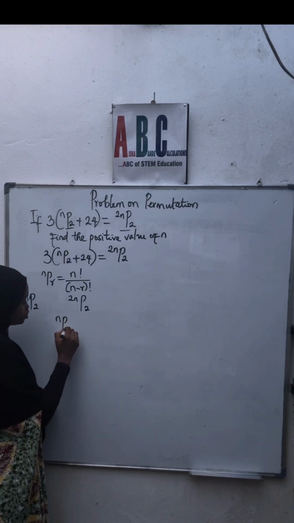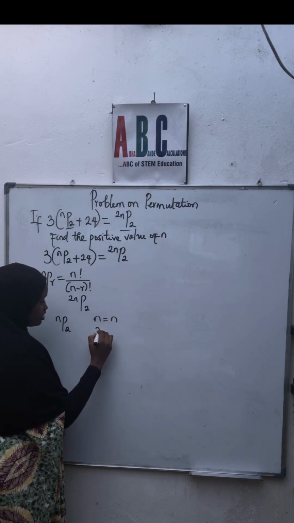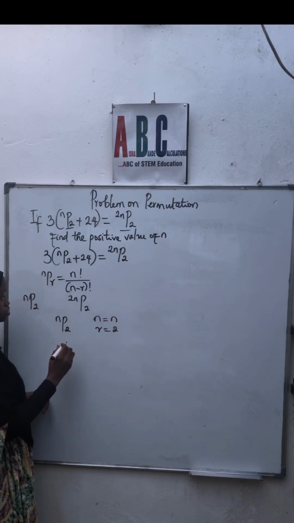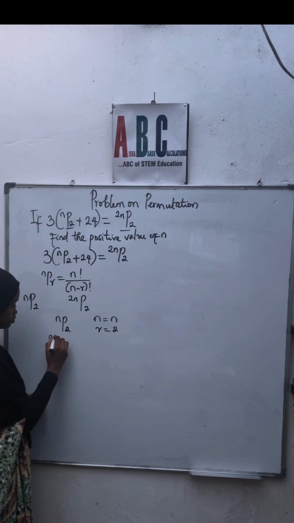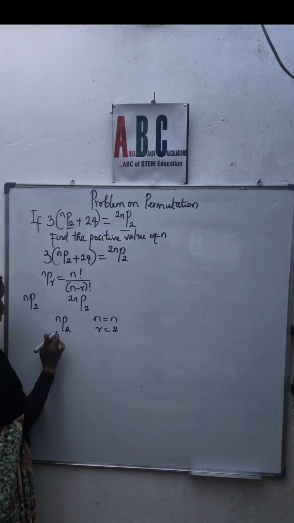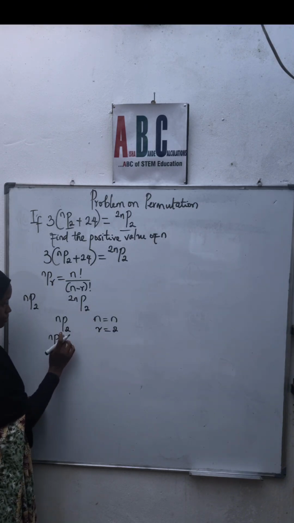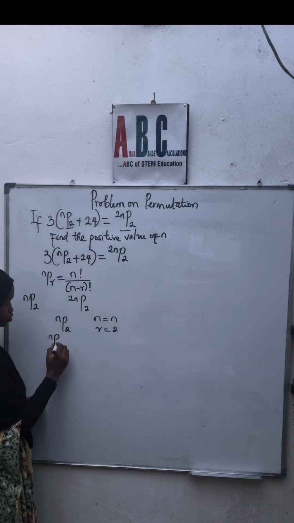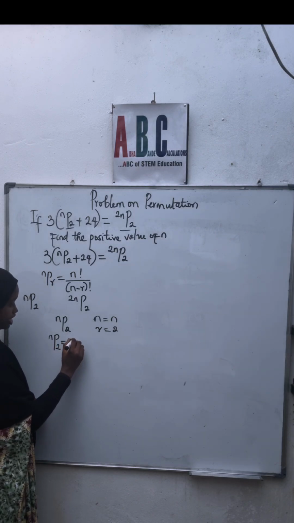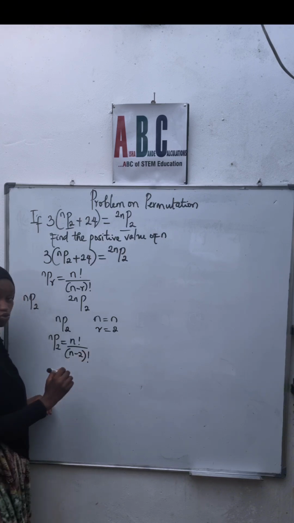For nP2, in this case, the value of n is still n, while the value of r is equal to 2. So nP2 is equal to n factorial over (n minus 2) factorial.